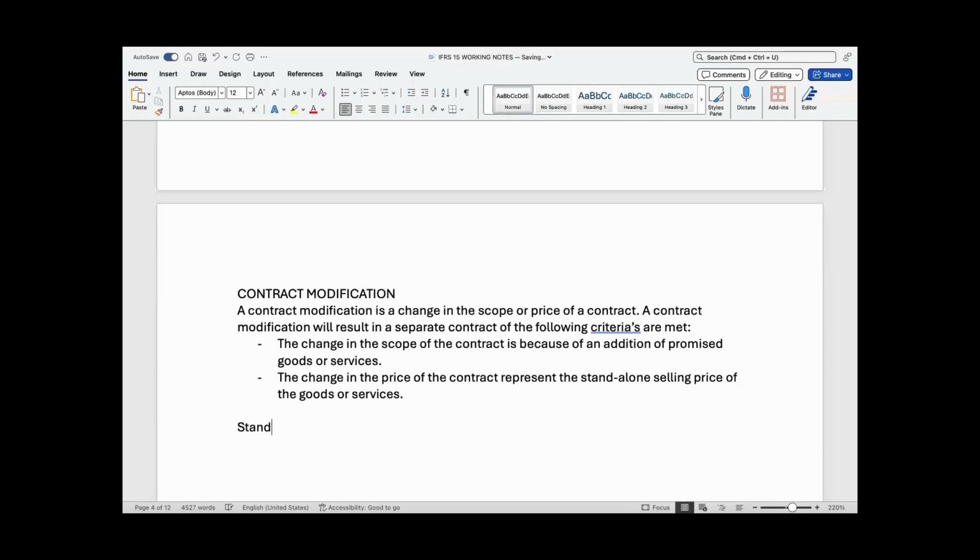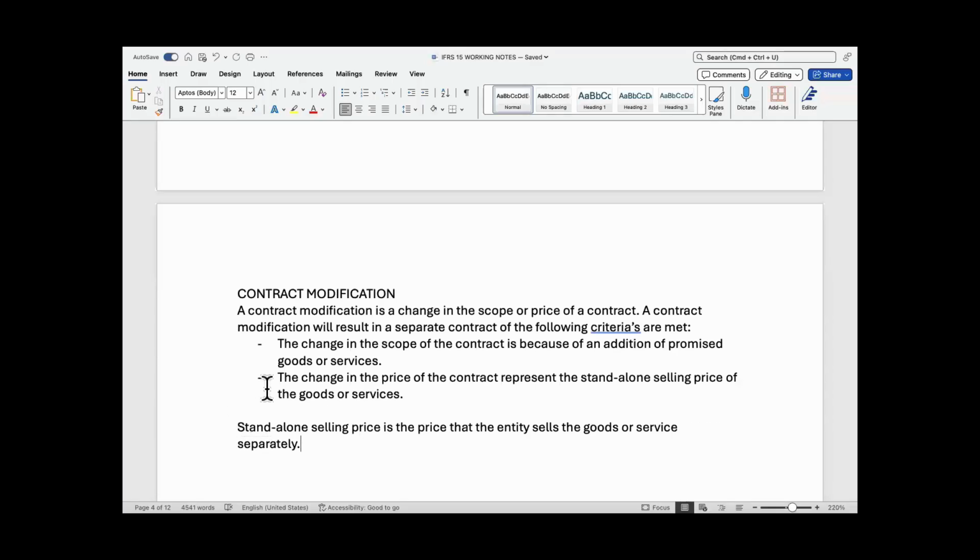And when we say standalone selling price, it is the price that the entity sells the goods or services separately, on its own.